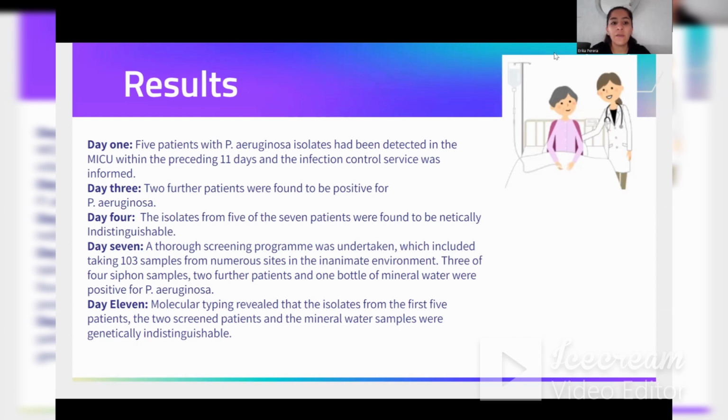At day 7, a thorough screening program was undertaken, which included taking 103 samples from numerous sites of the animate environment. 3 of the 4 symptom samples, 2 further patients, and 1 bottle of mineral water were positive for Pseudomonas. So that's very important to have in mind.